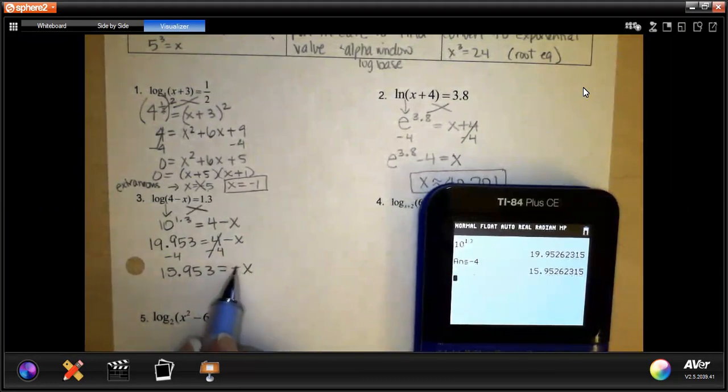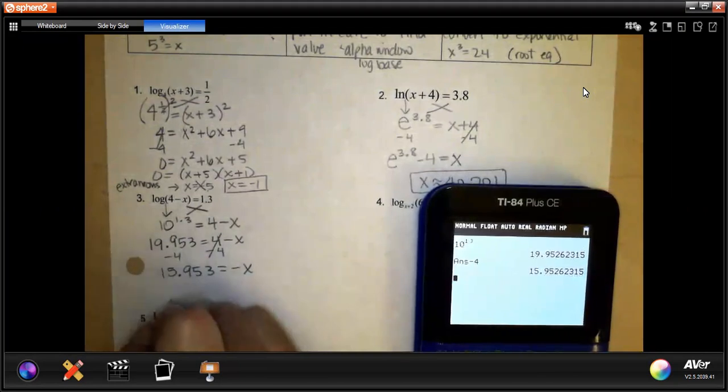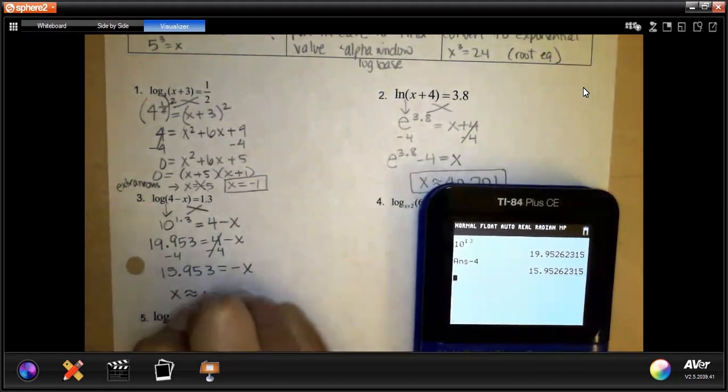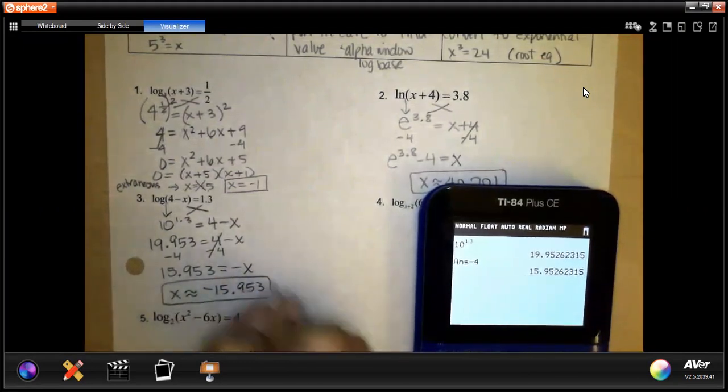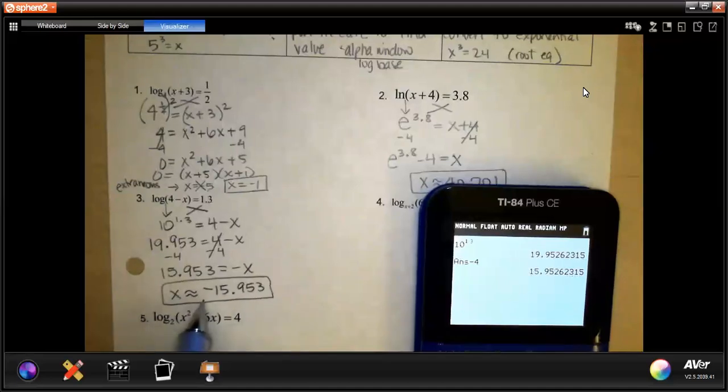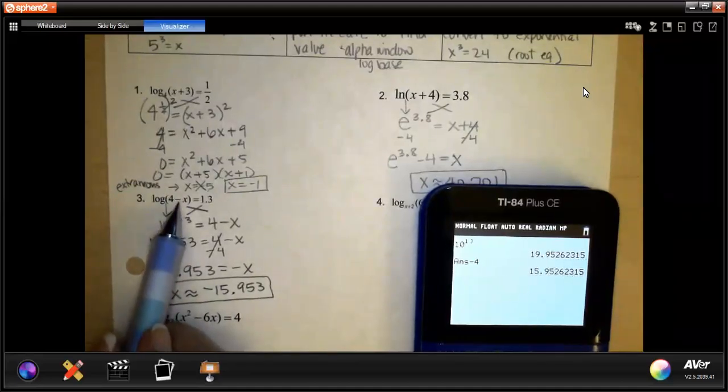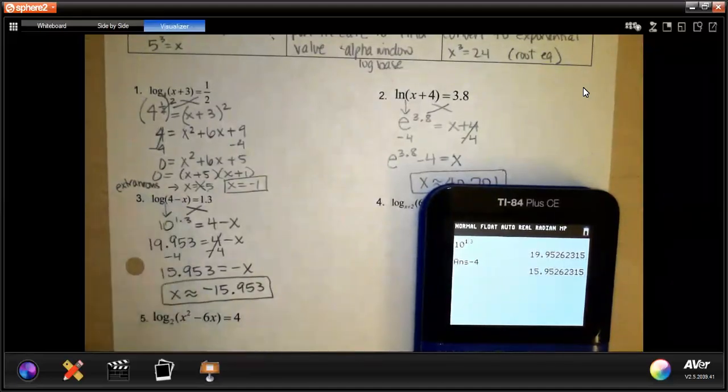The last step to get rid of this negative is we multiply both sides times a -1 or divide by a -1. Either way, we get x is equal to negative 15.953. I really boxed that pretty quickly because I forgot to check it, but it does work. 4 minus a negative, those two signs cancel out, giving us a positive. So that does work.